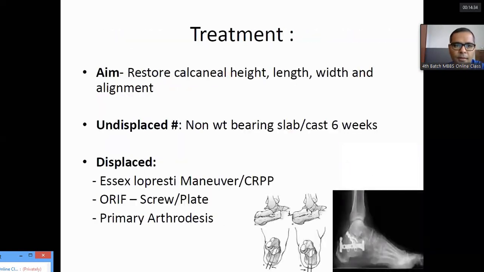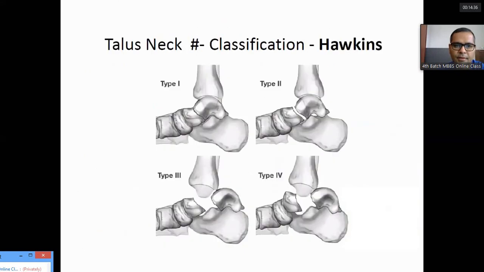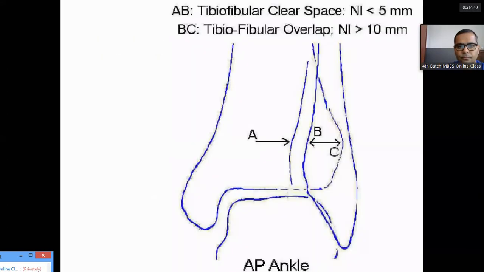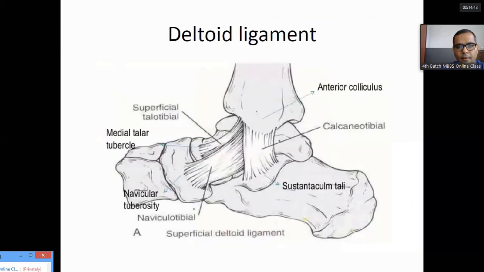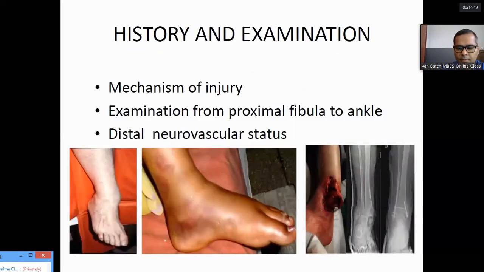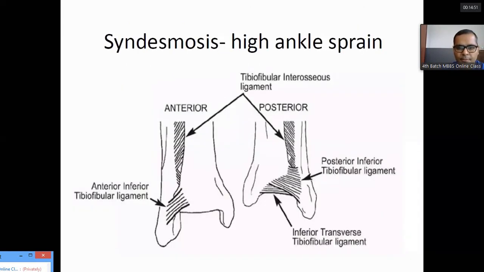Okay, let's summarize, very short. Ankle stabilizers: deltoid ligament, lateral collateral ligament, and the syndesmosis, the high ankle sprain.